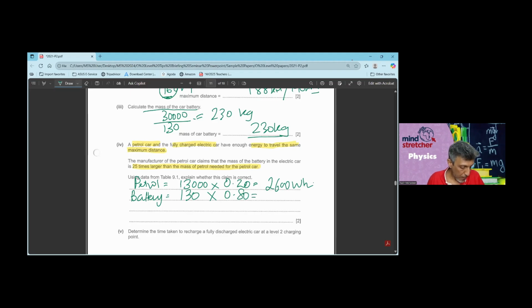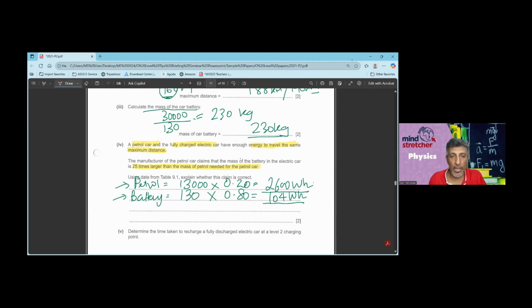So this is 104 watt hour. Okay. So take note that I use the values given and then multiply by the efficiency. So for the electric car to match the petrol car, right?